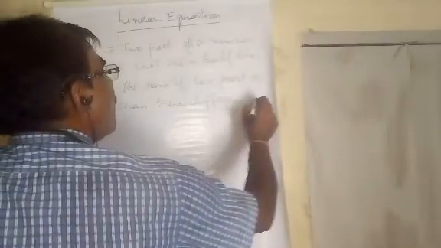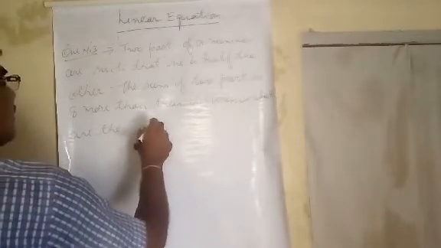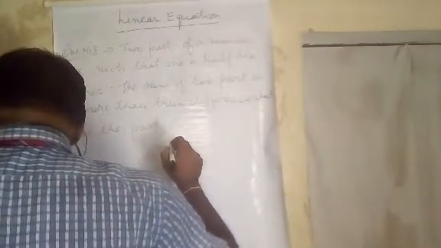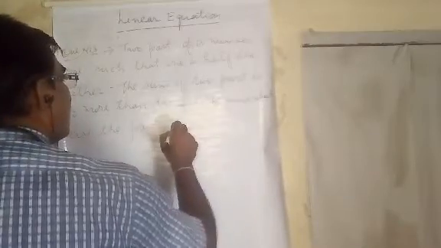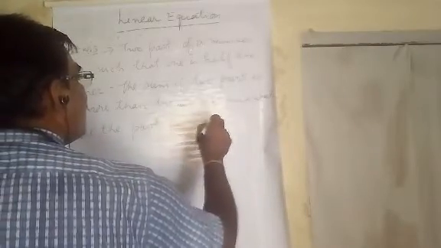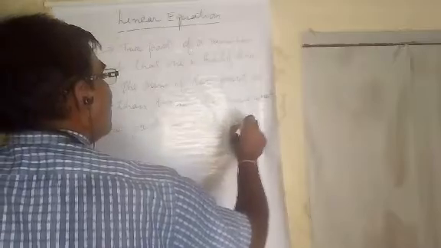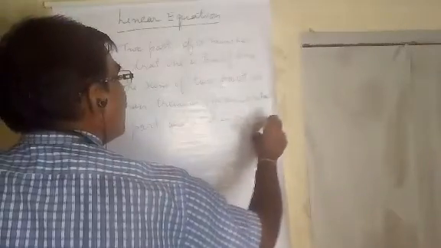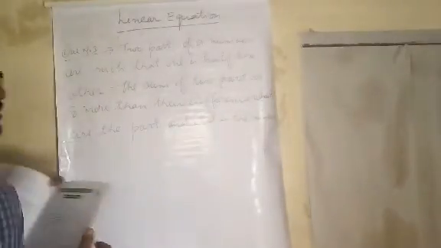What are the parts and what is the number?